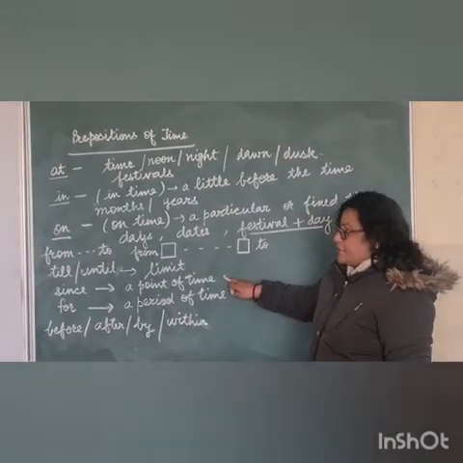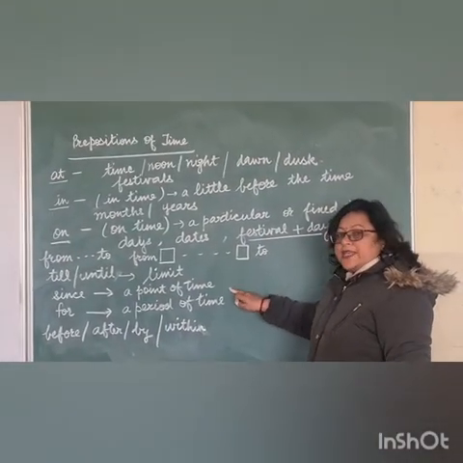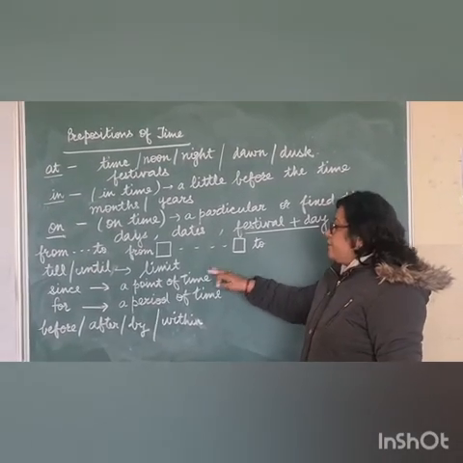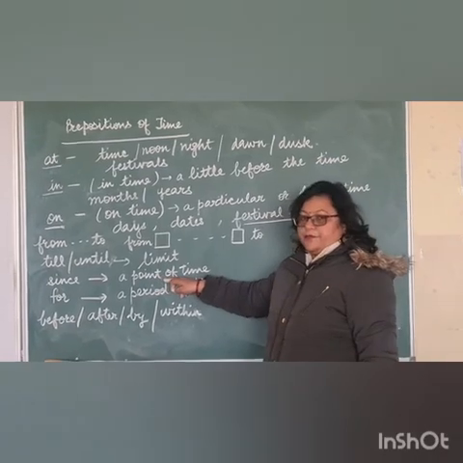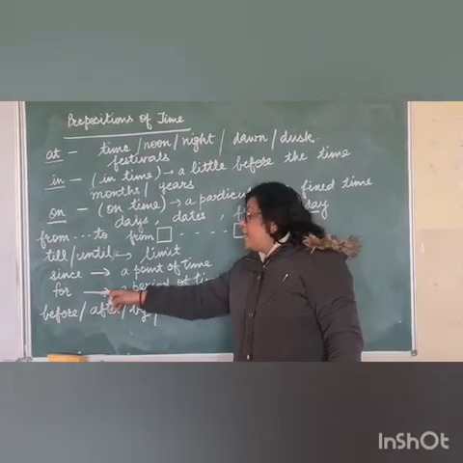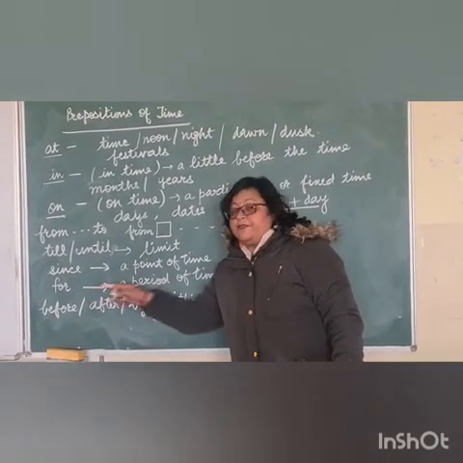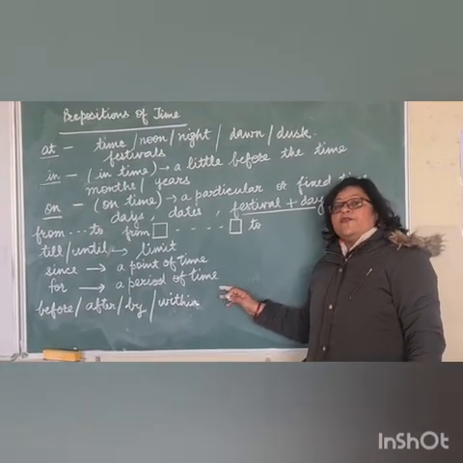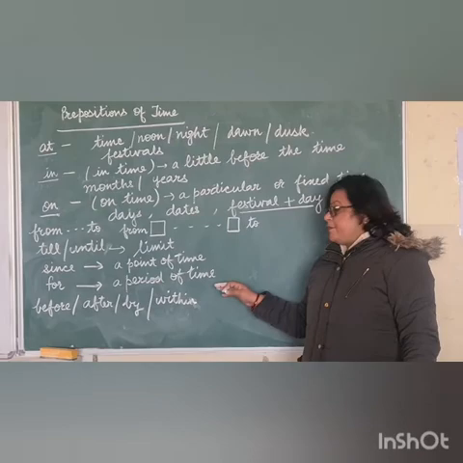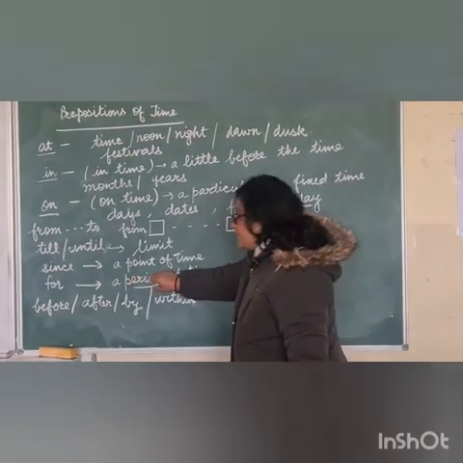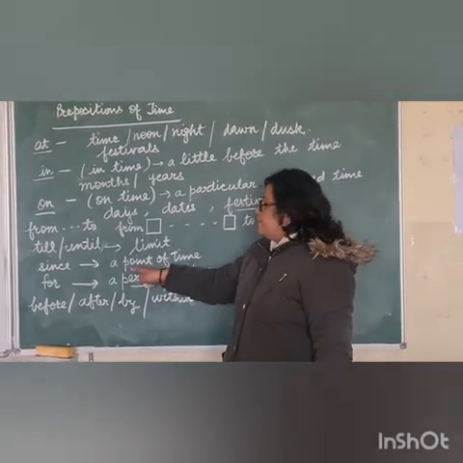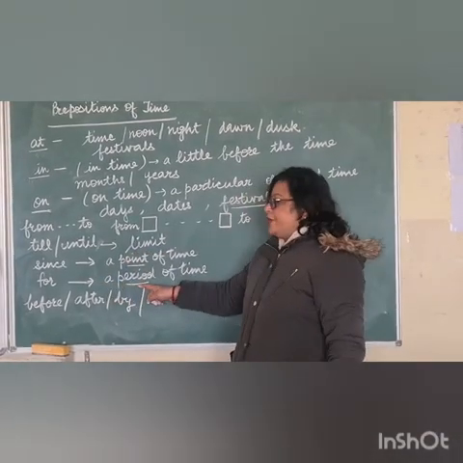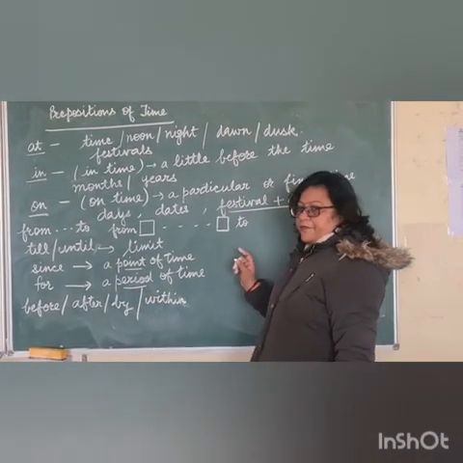I have been teaching in this school since 2015. 2015 is a point of time. And if I have to use for, then I will say I have been teaching in this school for 10 years. यहाँ पर हमने period of time का यूज किया है. So since is used to indicate the point of time and for is used to indicate the period of time.